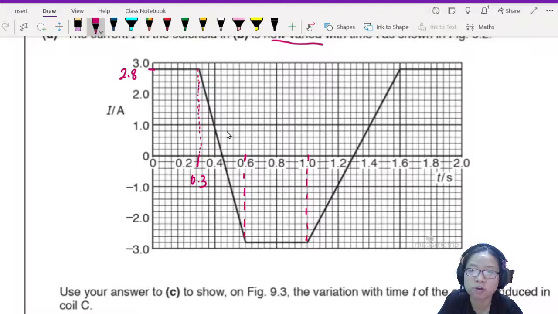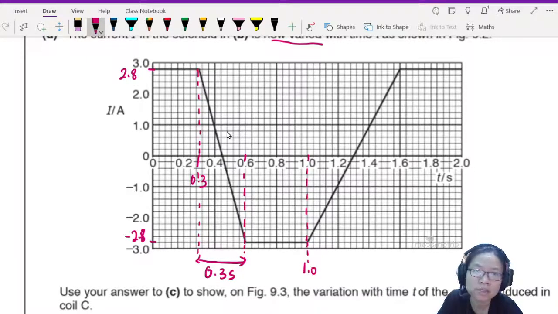So from 0.3 to 0.6, the current has dropped, and the current reverses direction. This is negative 2.8. The time it took to reverse happens to be the same as we calculated just now, 0.3 seconds.